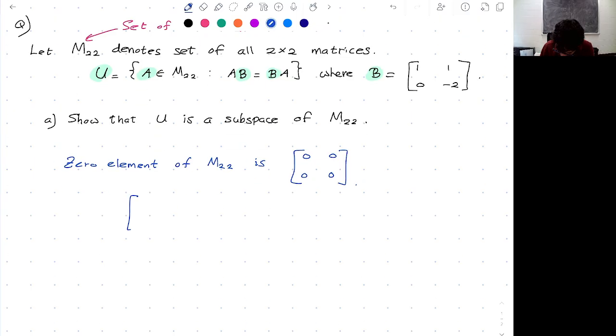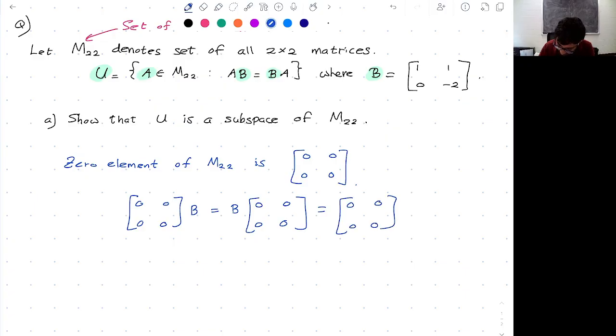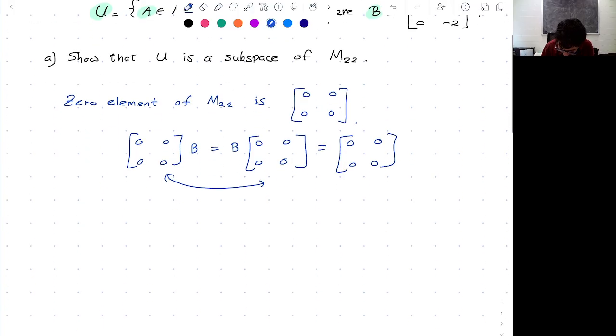So the zero matrix times B is equal to B times the zero matrix, which is equal to the zero matrix. These two are equal, so the zero matrix commutes with B. So what can I claim? The zero matrix belongs to U.